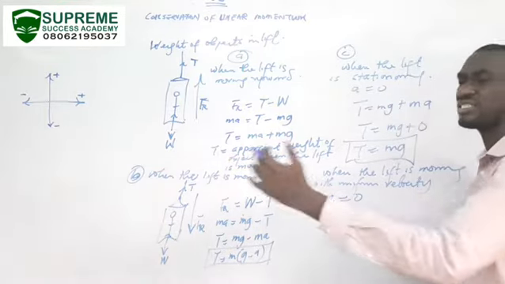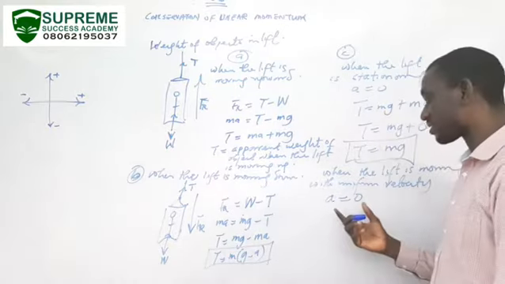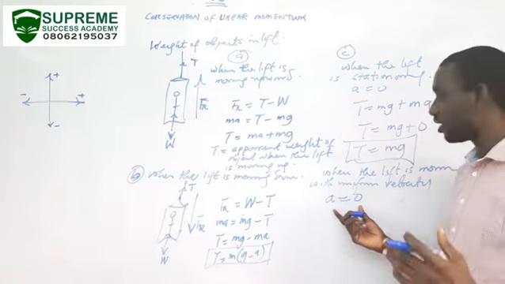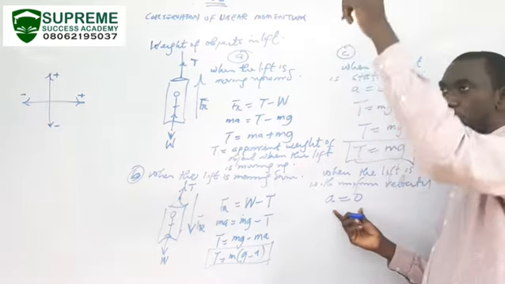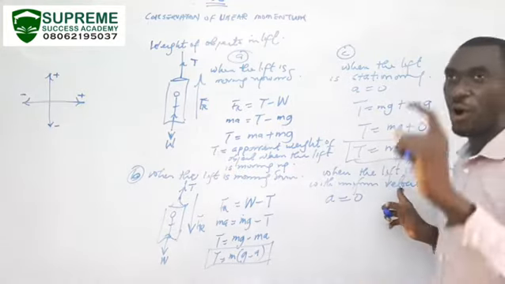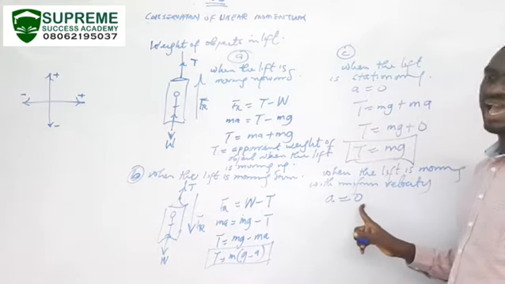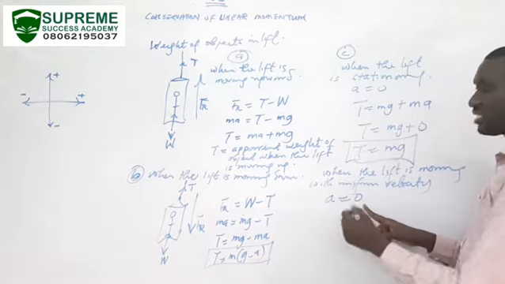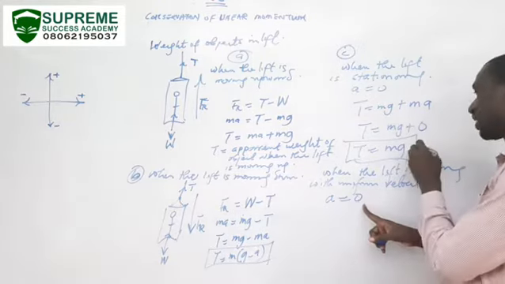So when your velocity is uniform, steady, or constant, acceleration is going to be zero. So when your lift is either moving upward or downward with uniform velocity, don't forget acceleration is going to be zero. Therefore, the weight of the object in the lift will equal the weight of the object on ground.